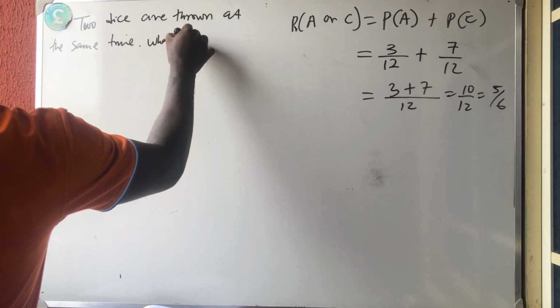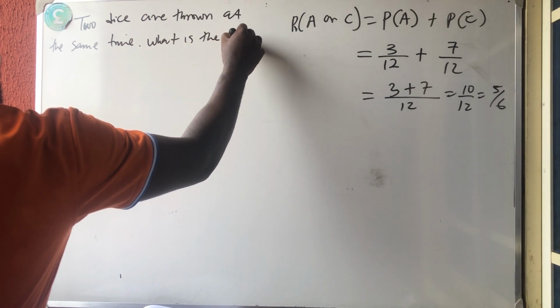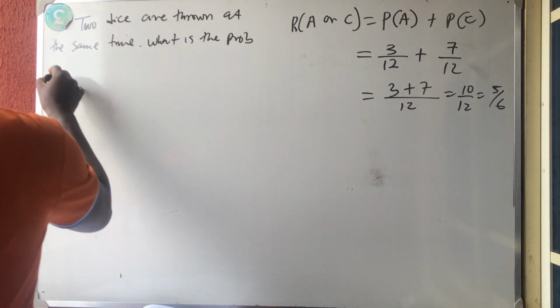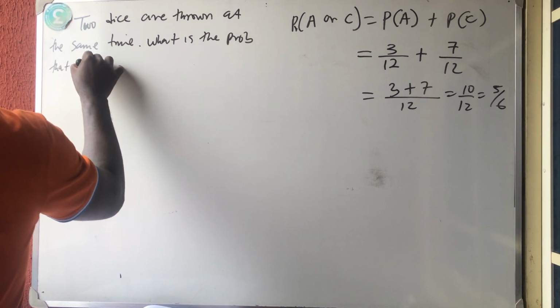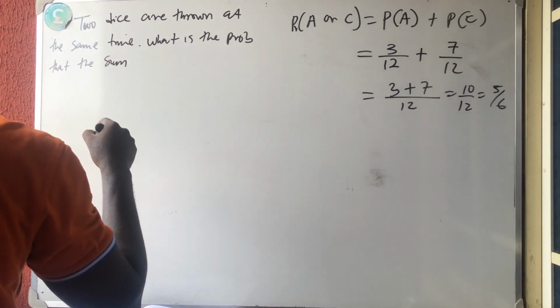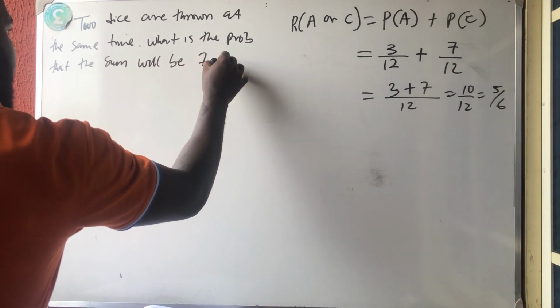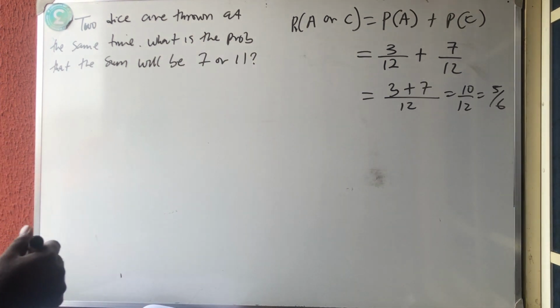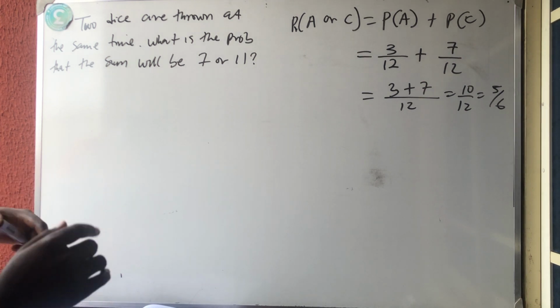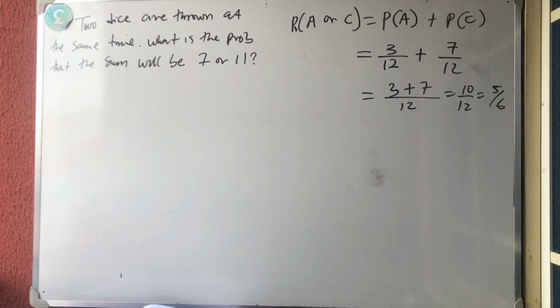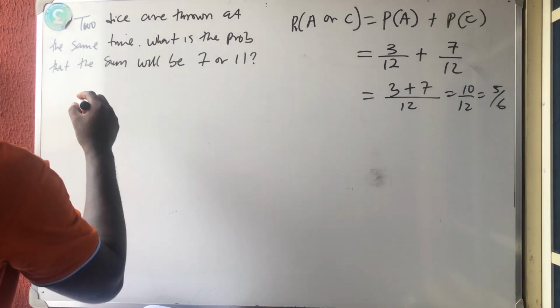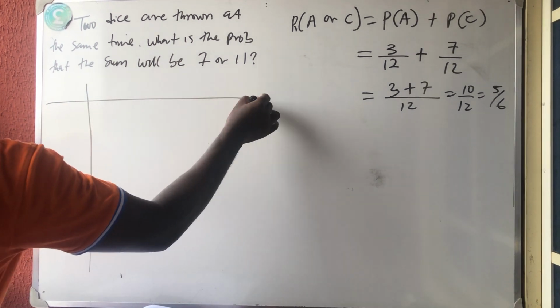Then what is the probability that the sum will be 7 or 11? Now, the sum cannot be 7 and 11 at the same time, so they are mutually exclusive. It is either 7 or it will be 11. So what do we have now?